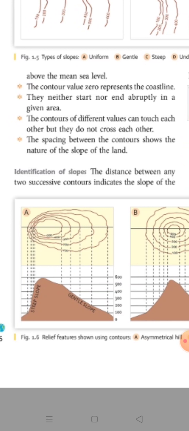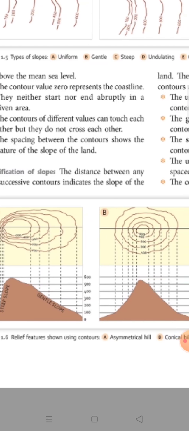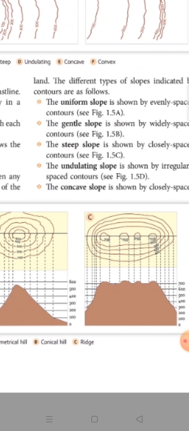The spacing between the contours shows the nature of the slopes of the land. You see, identification of slopes: the distance between any two successive contours indicates the slope of the land.